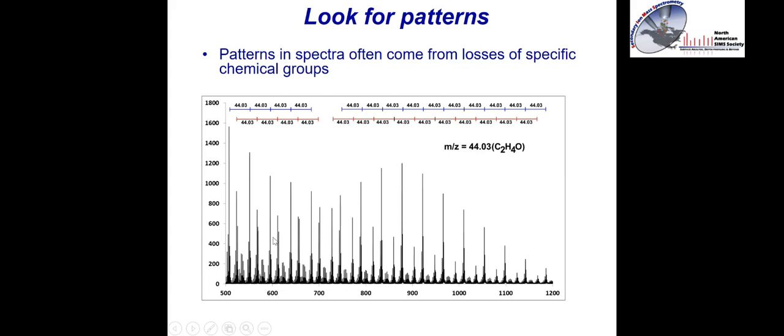And in this case, we actually have two overlapping patterns. We have this Gaussian curve showing the molecular weight distribution of the intact polymer chains, and then the secondary pattern of fragmentation of those chains, showing the loss of these monomer units.